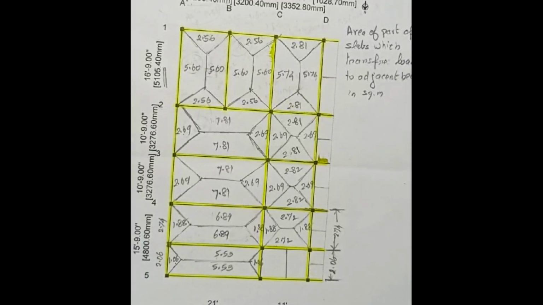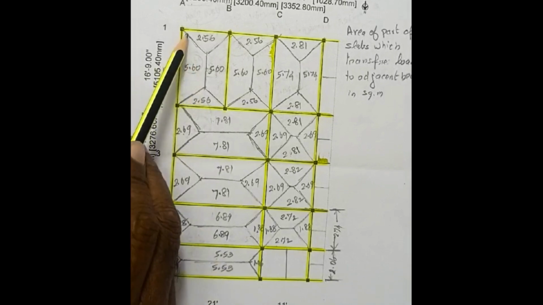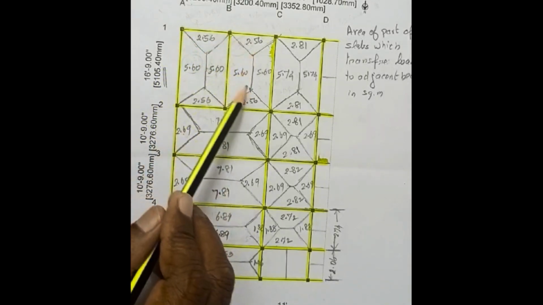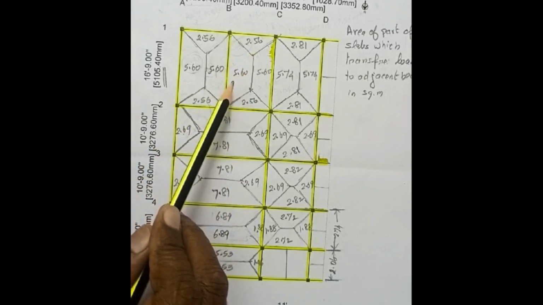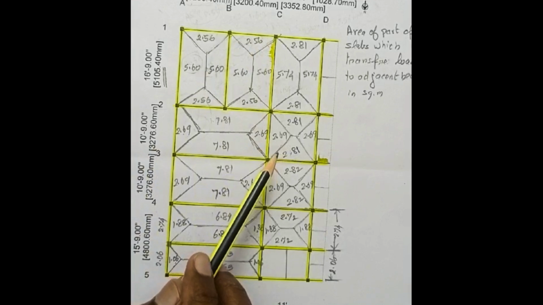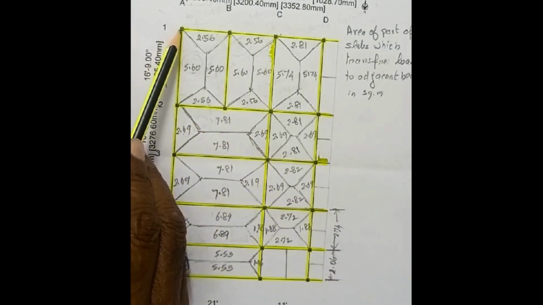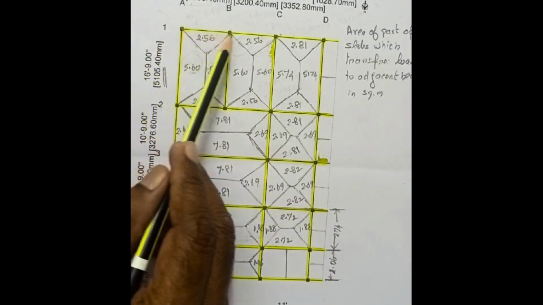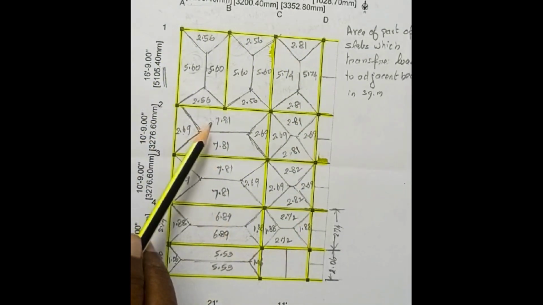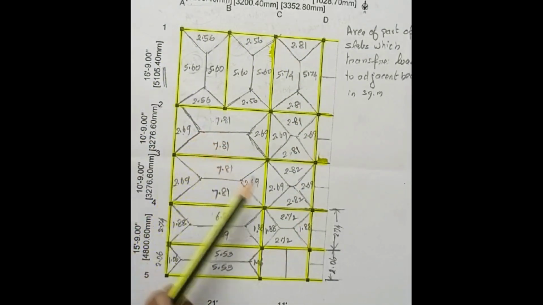As said above, I have worked out the area of each part of the slabs and I have written those square meters in the required panels. Now, this slab from this portion to this portion is supported on four sides. So there are four beams which support the slab on all sides.